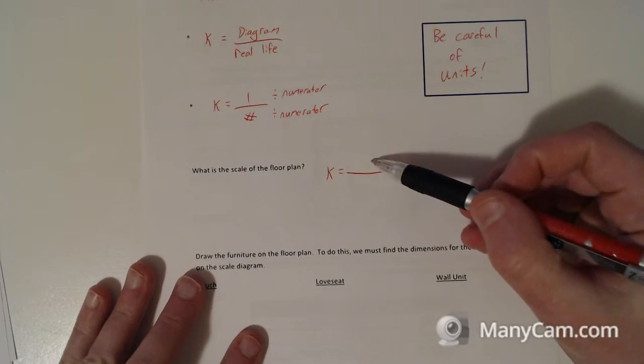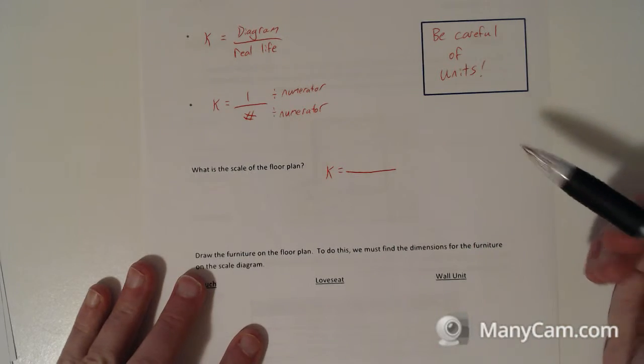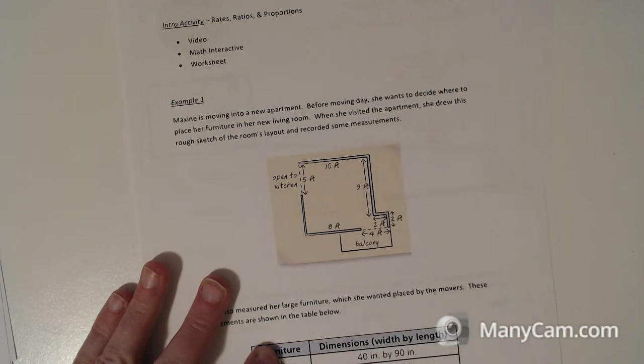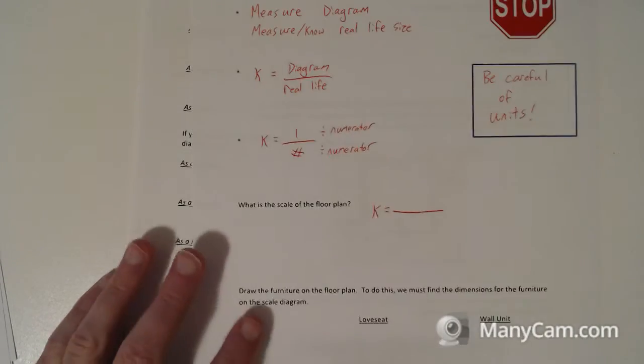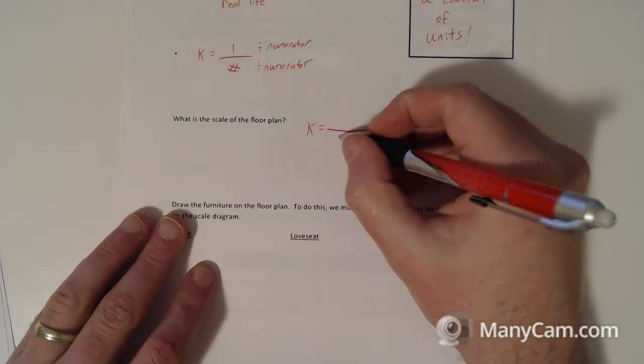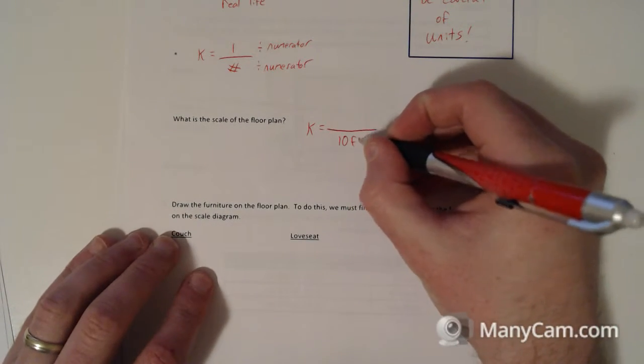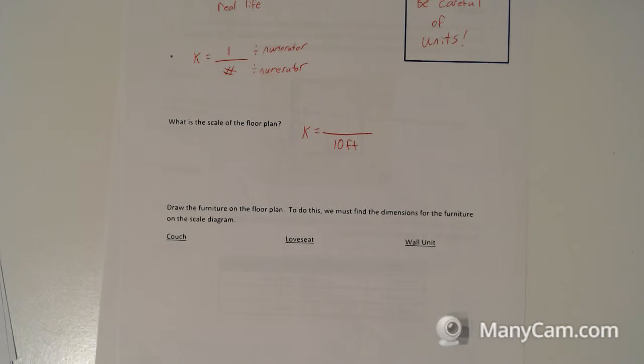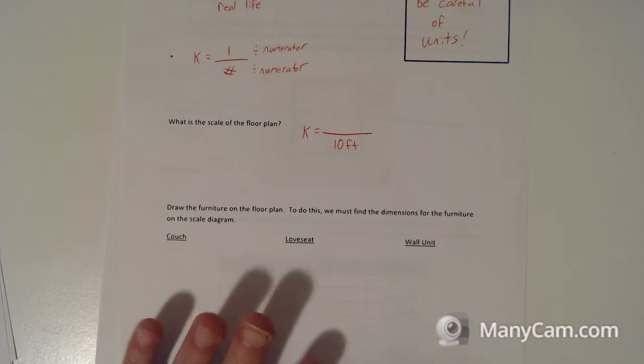So measure how long that one is, and put it at the top, and put your units. I don't know what that is in real life. It looks like around 6 centimeters or something like that. But anyway, give it a measure. And then on the bottom, it's going to be 10 feet in real life. Roughly 6 centimeters in the diagram is something like 10 feet in real life.